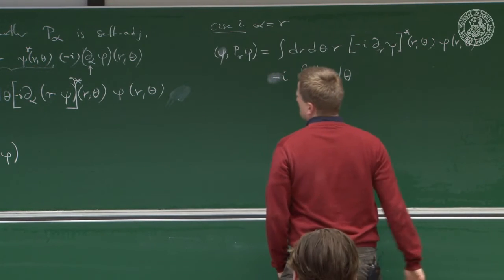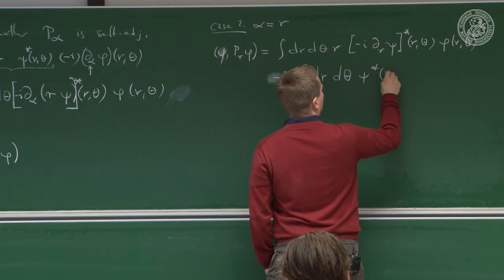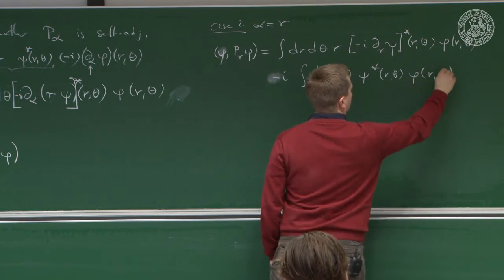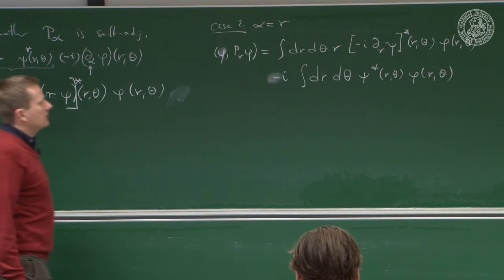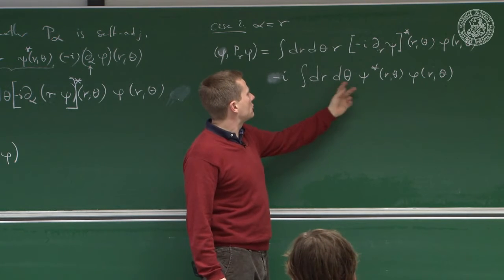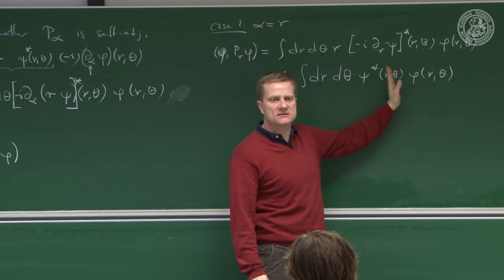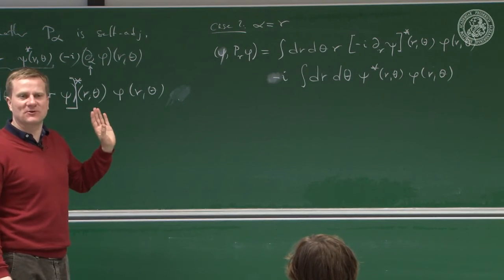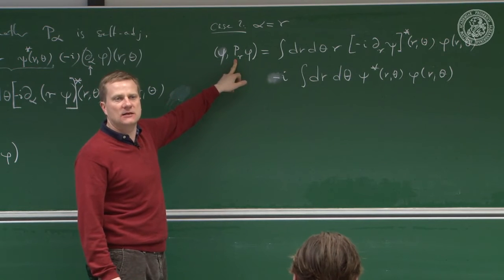The r has vanished by the action of the del r, and there is just a psi star of r and theta and a phi of r and theta. Okay? But you see the problem, this is not the proper volume form here. There's an r missing, so this is not psi phi or something. This is just some other extra term we just don't want, okay? Because it renders this p r non-self-adjoint.